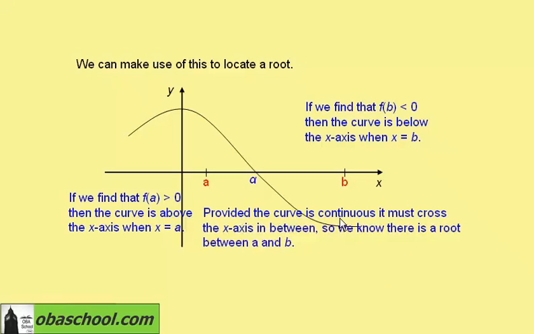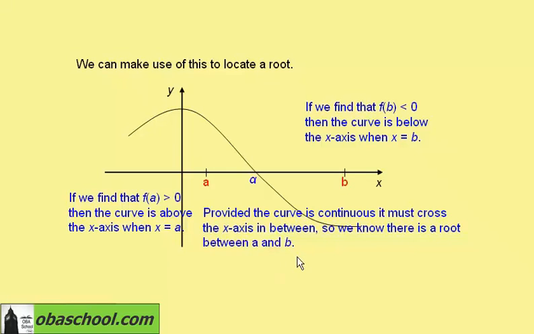Provided the curve is continuous, and for these purposes consider a continuous curve to be one that you can draw without taking your pencil from the page, it must cross the x-axis in between. So we know there is a root between a and b.